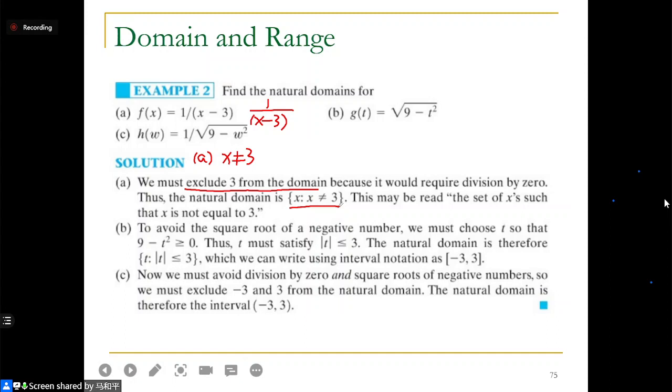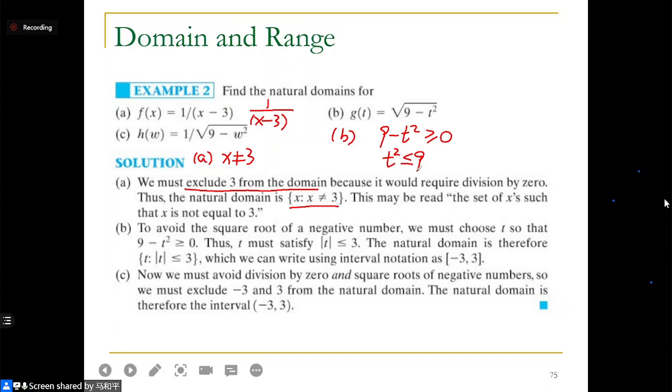Okay, B. We have the square root, right? So this means 9 minus t squared must be greater than or equal to 0, right? So we can solve this inequality. We have t squared less than or equal to 9.